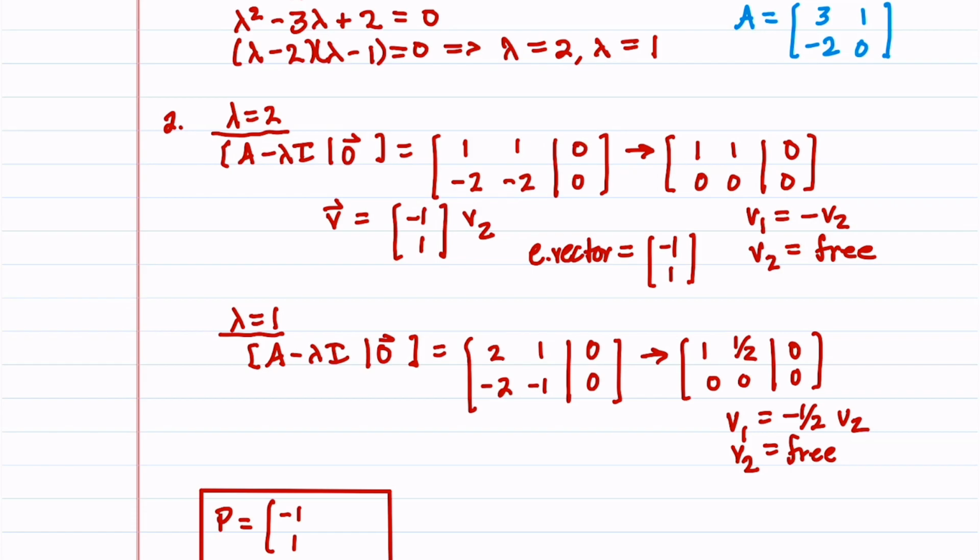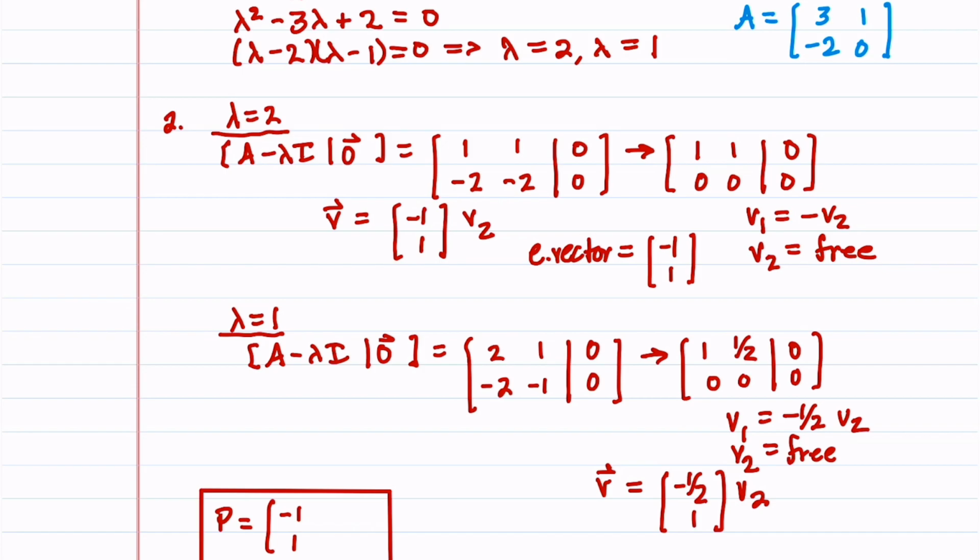So we can say that our V is equal to minus 1 half, 1, times V2. We can choose a value for V2. Fractions are usually more messy, so let's choose V2 to be equal to 2, or you could pick it to be negative 2 if you don't want a negative in the first entry.